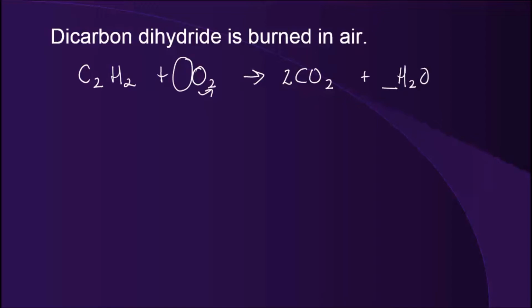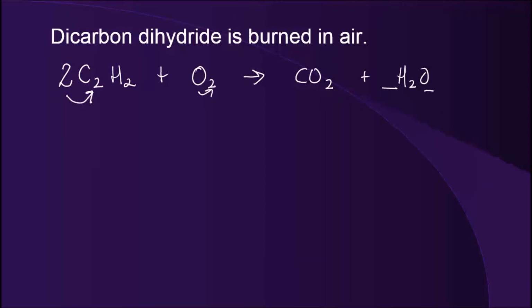Oxygen has to be an even number. So 2 times 2 is 4. Odd number 1 makes it 5. I can't balance it. So if I ever put an odd number here, I stop, I erase everything, and I go back and put a 2 here. So that's the only way it's going to work.